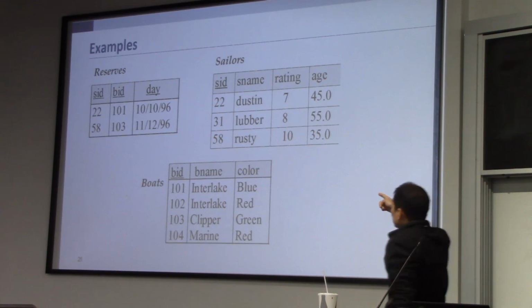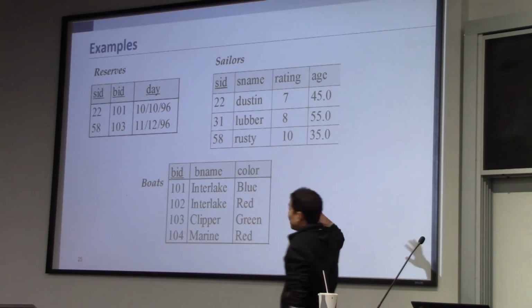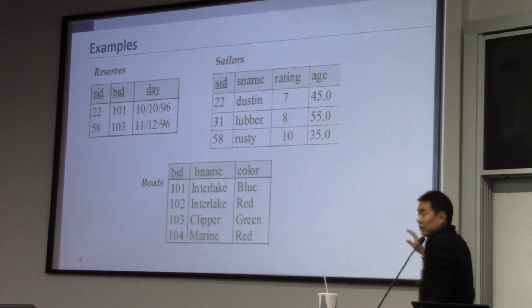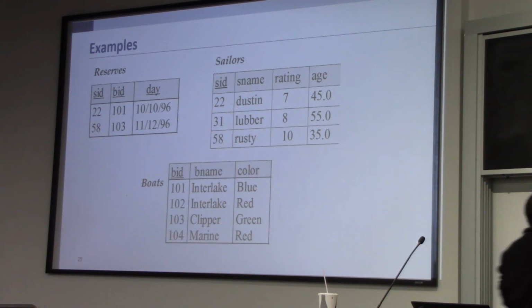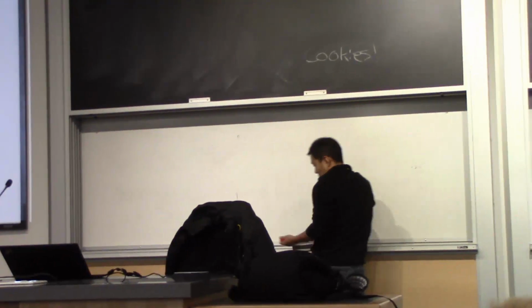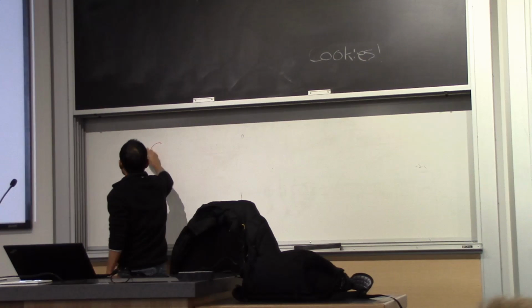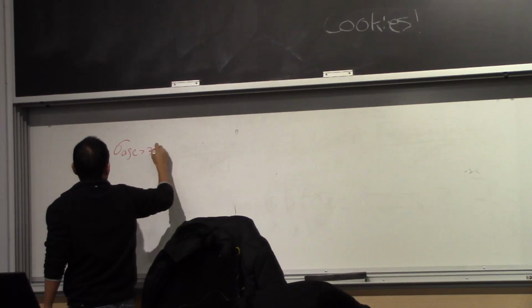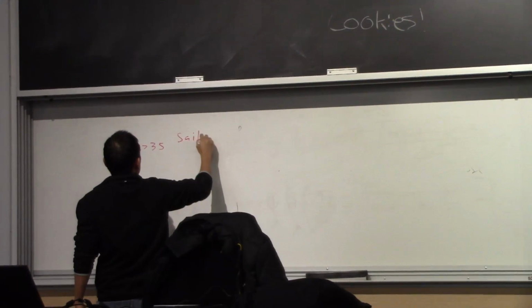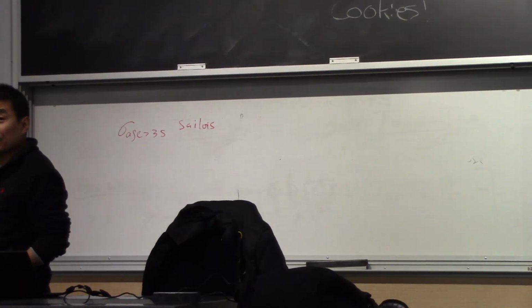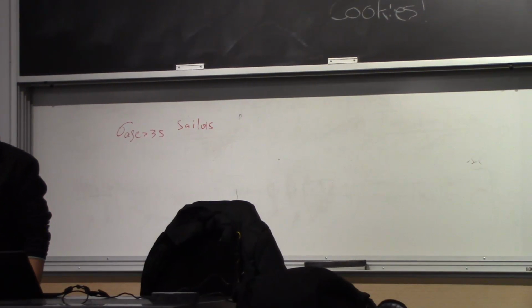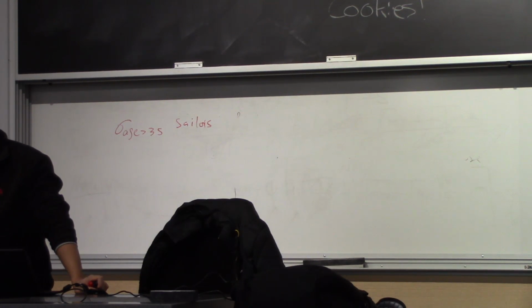For example, if you want to find a sailor whose age above 35, who's older than 35 years old, the right approach of expressing this query is select age greater than 35 on sailors. Right? It works for this instance, it works for any valid instance of the sailor's schema.